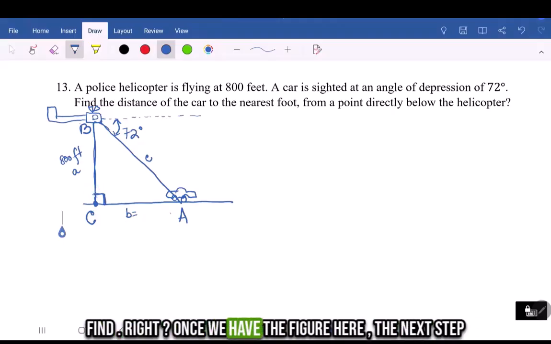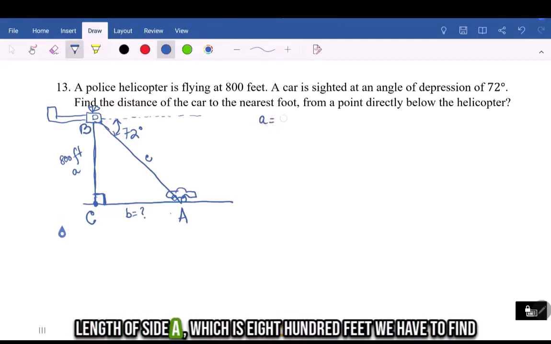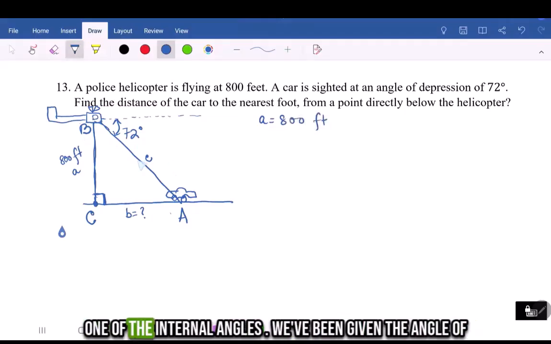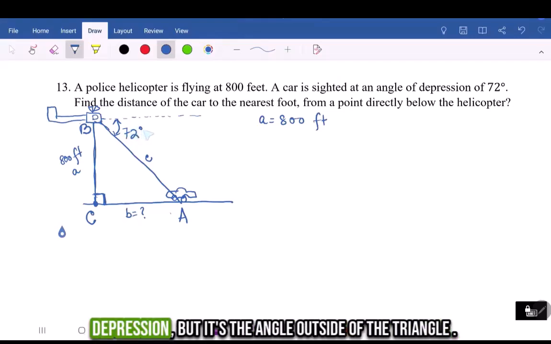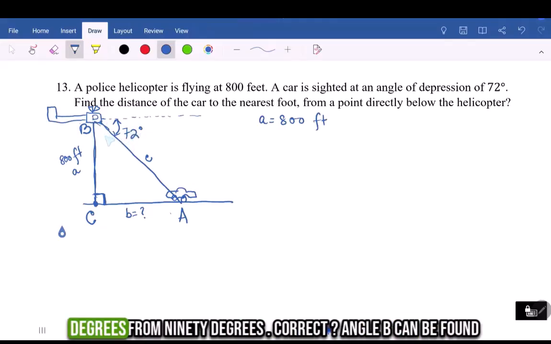All right, once we have the figure here, the next step would be to list our data points. We have been given the length of side a, which is 800 feet. We have to find one of the internal angles. We've been given the angle of depression, but it's the angle outside of the triangle. However, we can find angle B by subtracting 72 degrees from 90 degrees, correct?